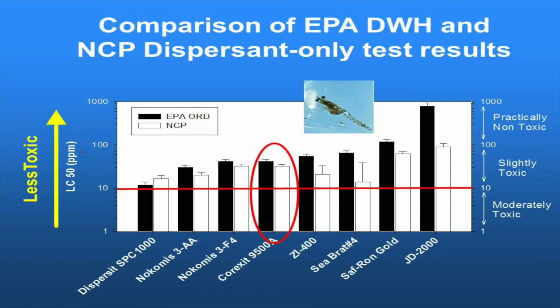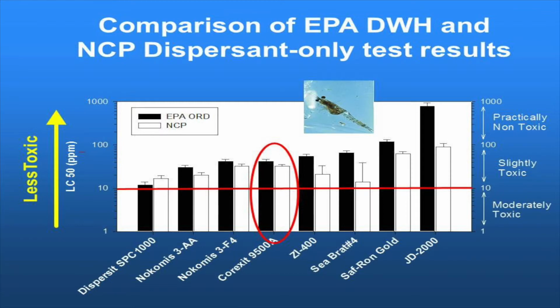We also compared our data, the black data, to what was provided by manufacturers with fuel oil number 2. That's a middle distillate, like a diesel material, so not a crude. So even though we had 2 different oils, the results were pretty reasonable. Corexit right in about the middle.